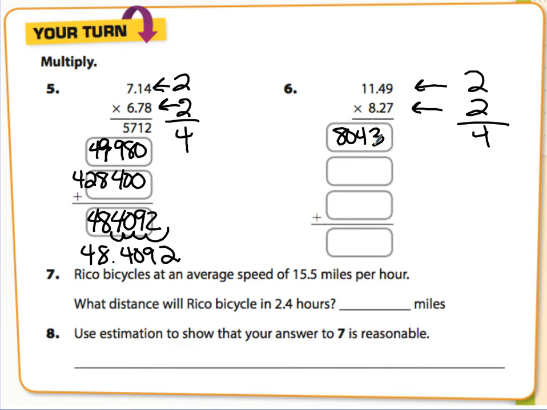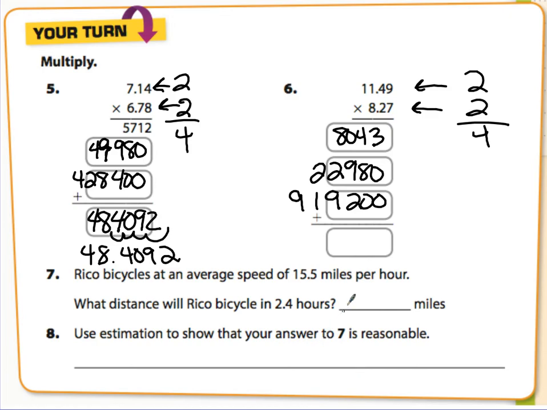You should have gotten 8043. And then 22,980. And then you should have gotten 919,200.